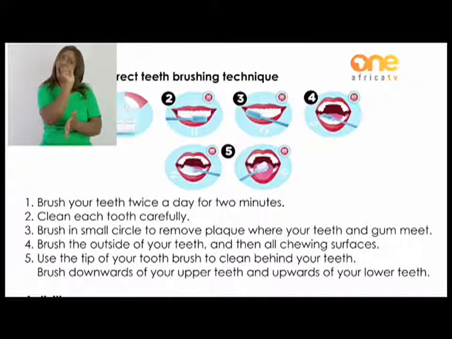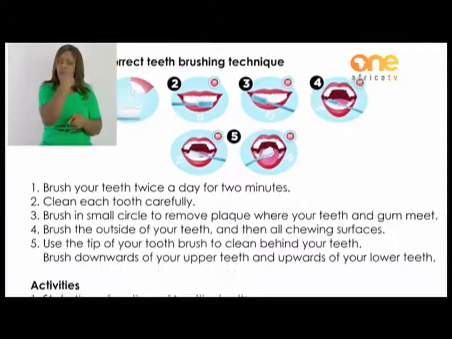Brush the outside of your teeth and then all chewing surfaces. Use the tip of your toothbrush to clean behind your teeth. Brush downwards on your upper teeth and upwards on your lower teeth.